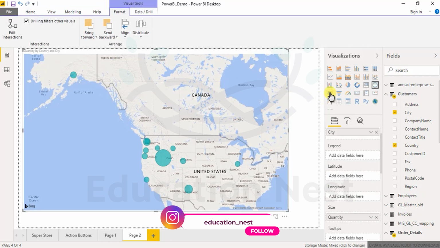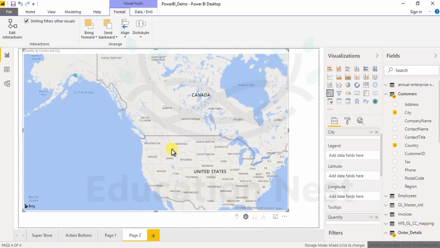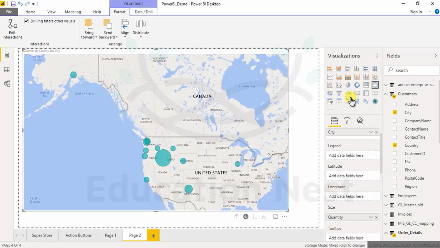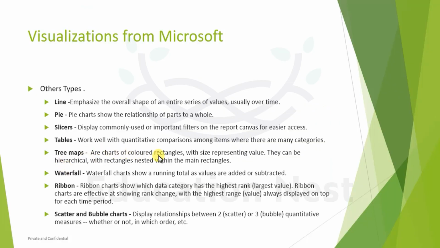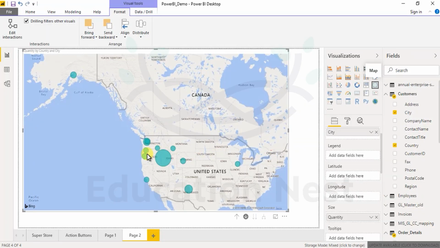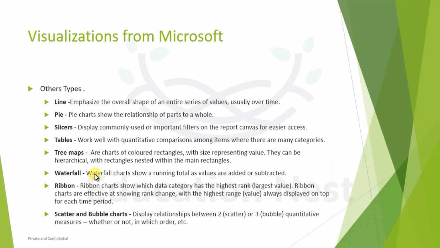If I select this and move it to this, it shows me nothing. In this scenario, we do not have tree maps present. Scatter chart, waterfall chart, but tree map is not available. So let's go back. Tree maps are charts of colored rectangles that basically show all the values in a rectangular fashion. We don't have tree maps, unfortunately, in this.